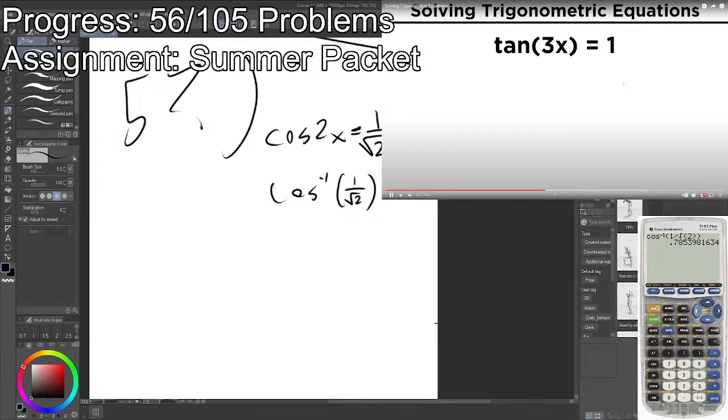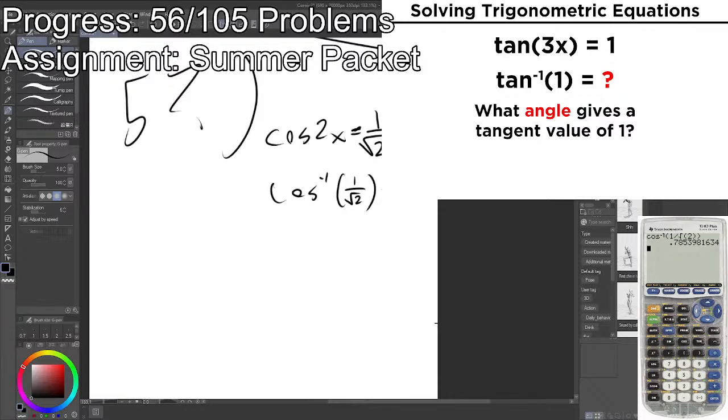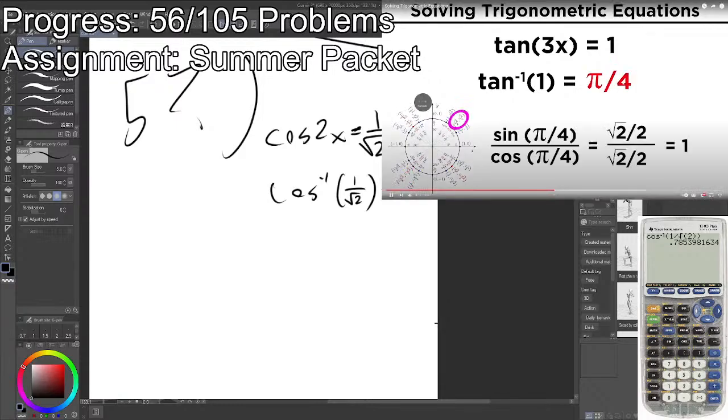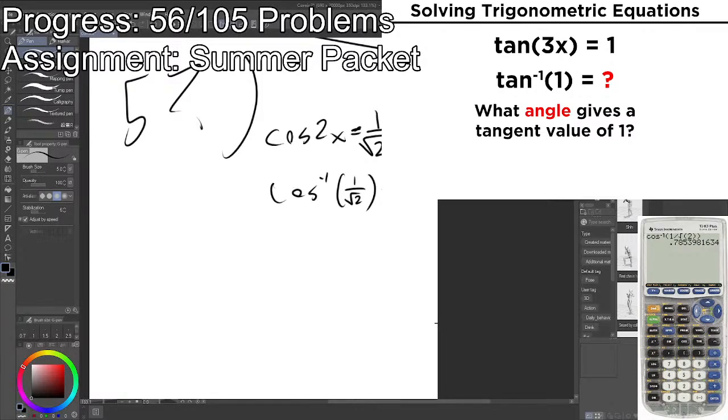Say we want to solve tangent 3x equals 1. Well, what angle gives us a tangent of 1? That would be quarter pi, because root 2 over 2 divided by root 2 over 2 gives us 1. That means that 3x equals quarter pi. But is it just quarter pi? If we go to the other side, quarter pi. Complicated. Solve tangent 3x equals 1. Well, what angle gives us a tangent of 1?